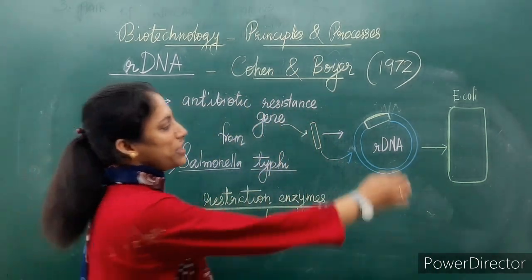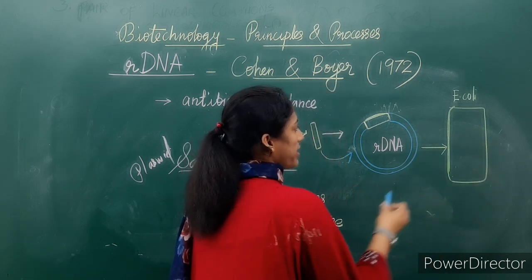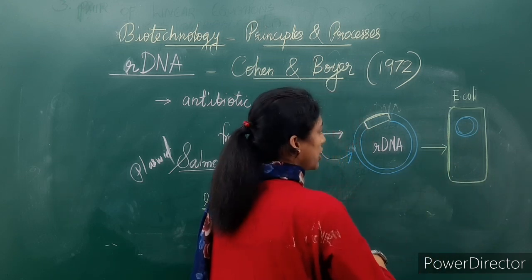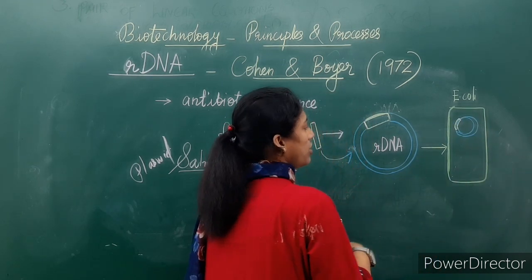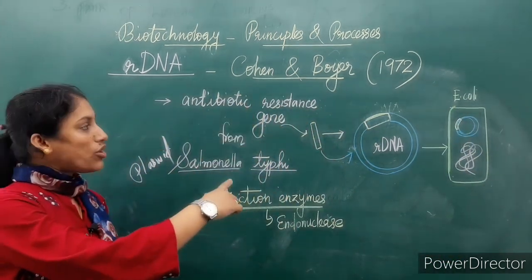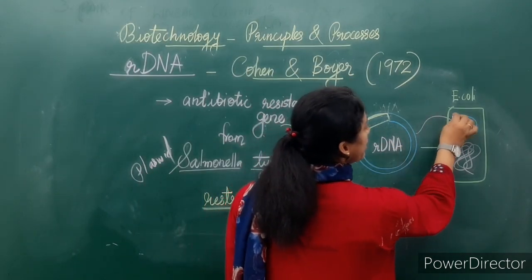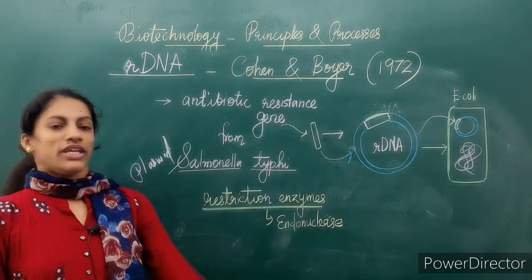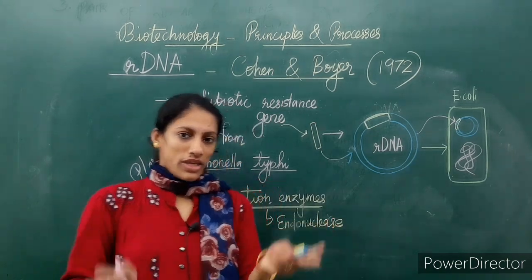This Escherichia coli has its normal contents as such, the normal genome and everything. But Cohen and Boyer successfully introduced this rDNA into E. coli.